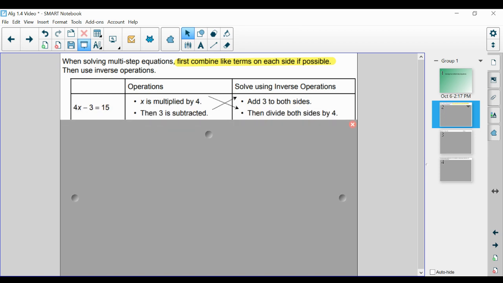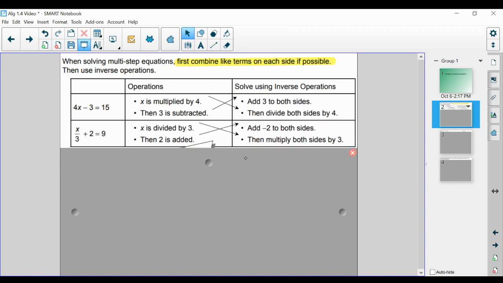So let's say we have 4x minus 3 is equal to 15. The current operations that we see is x is getting multiplied by 4, and then 3 is being subtracted. Well, we're going to solve using inverse operations. We're going to add 3 to both sides first, and then we're going to divide by 4. In this problem, we have x divided by 3 plus 2 is equal to 9.